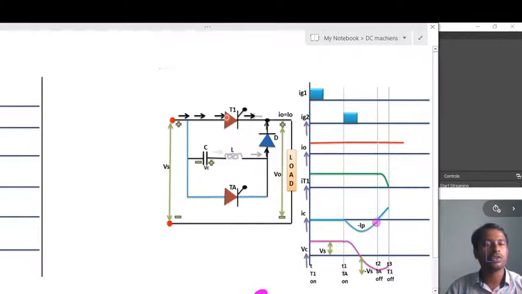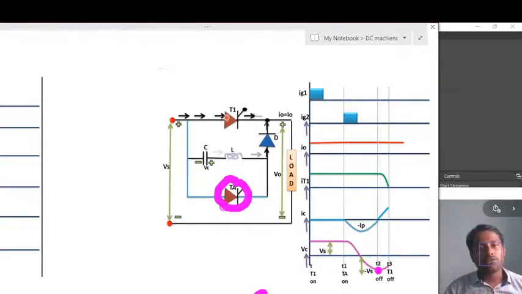Observe this one, and at that point the voltage across the auxiliary thyristor is reverse polarity, so automatically the auxiliary thyristor will be turned off.